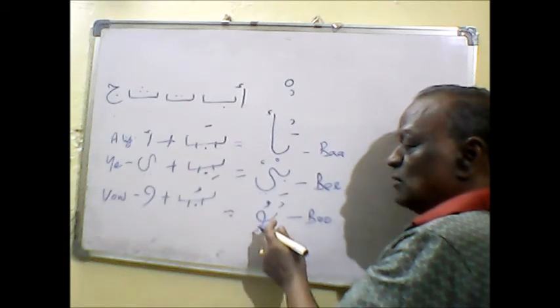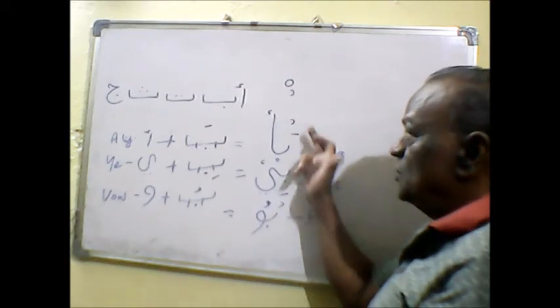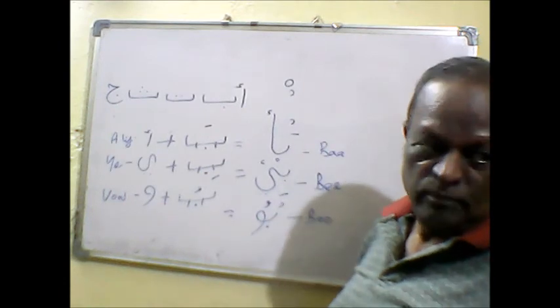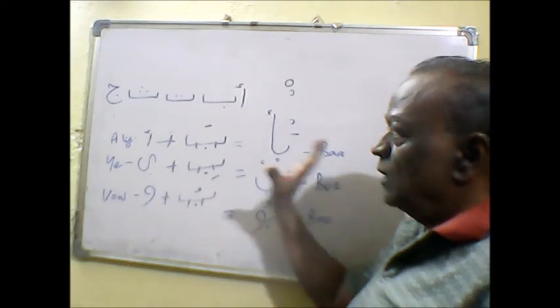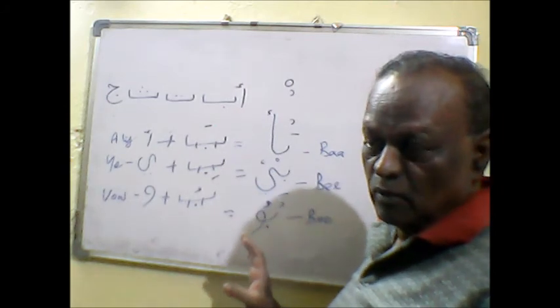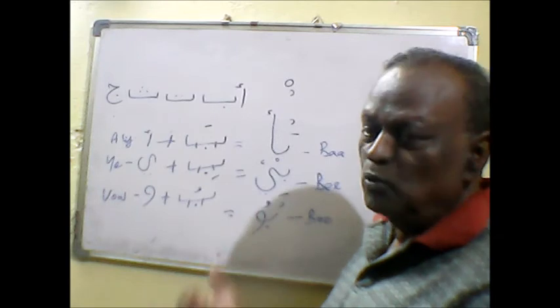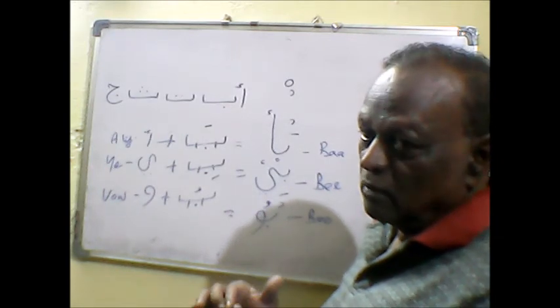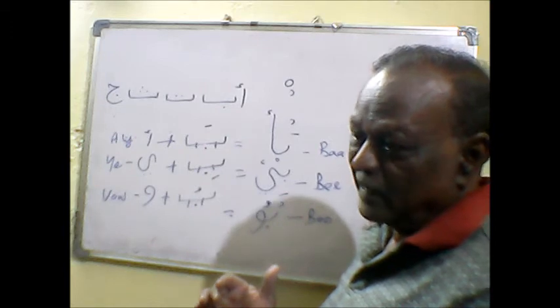It gives the sound of boo. So this symbol, this connector, is called sukun. So this is how Arabic vowels stand to represent and give different sounds according to the category.